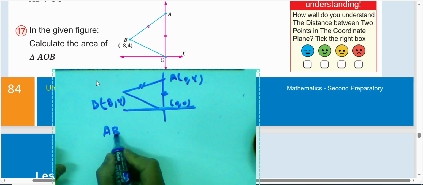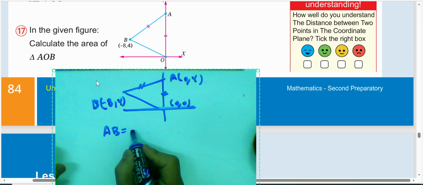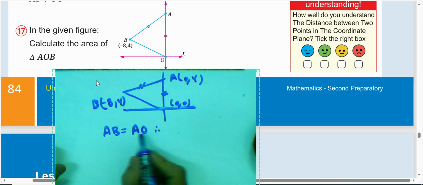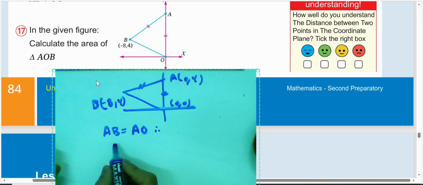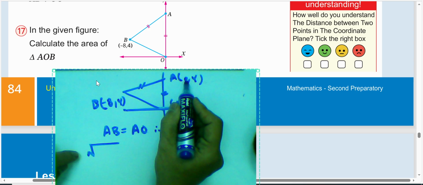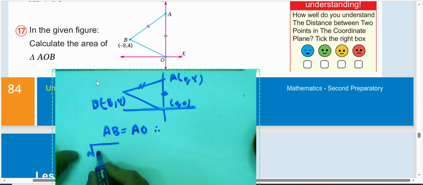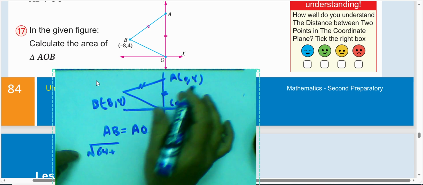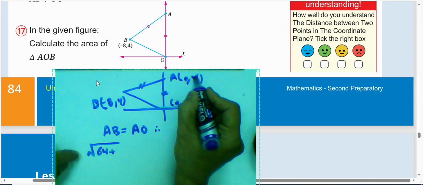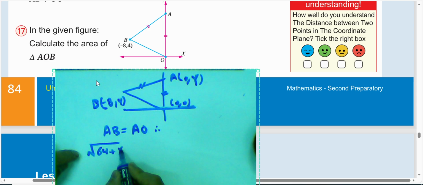We know AB equals AO. AB equals the square root of (0 minus negative 8) to the power 2, which is 64, plus (y minus 4) to the power 2.